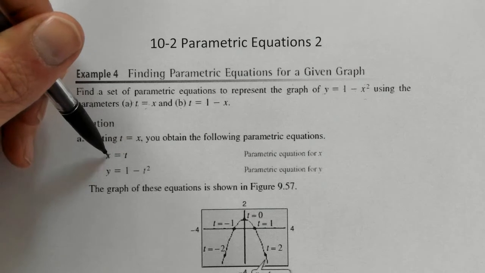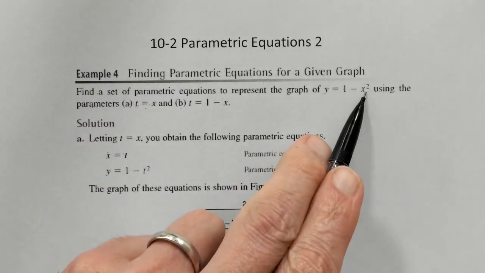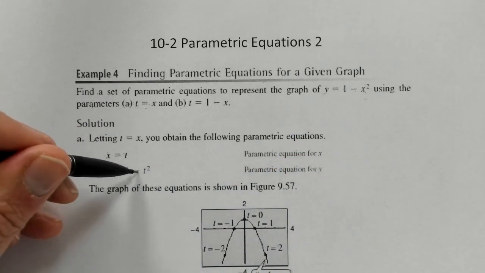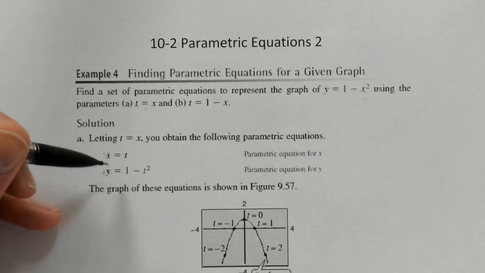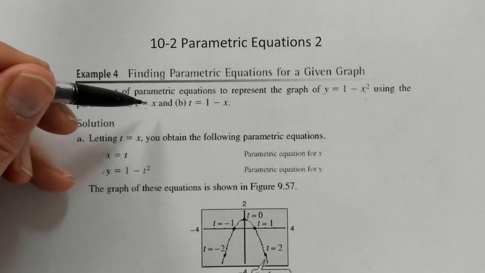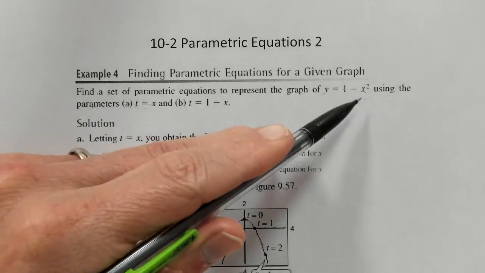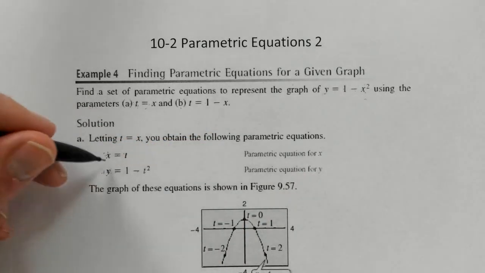If x equals t, then I can take the x out and put t in its place. Y equals 1 minus t squared, and that's your parametric equation for y. This one was pretty simple because x equals t, so all I had to do was take the x out and put t in its place, and then I had my equation. So these are my two.